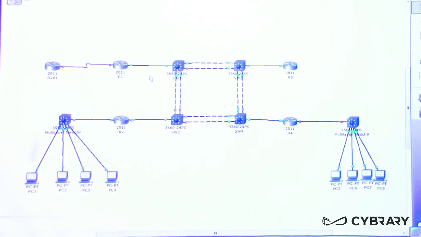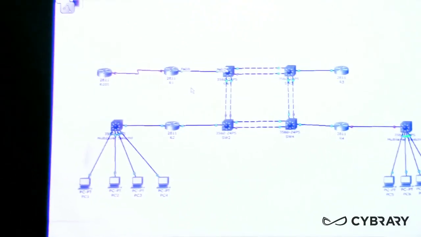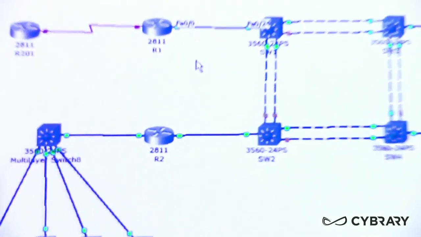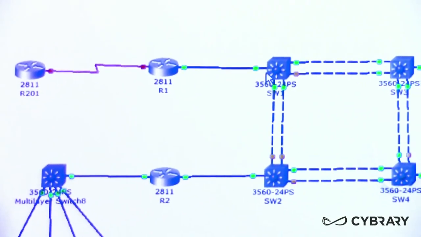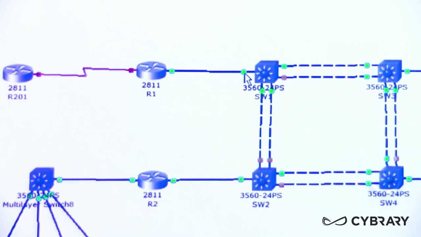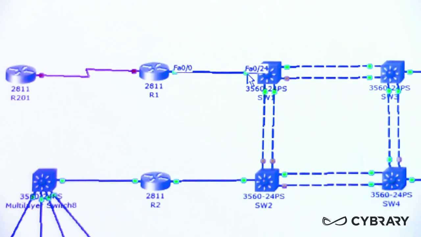Now, if I hover my mouse over this link, router 1's port fast Ethernet 0/0 is connected to switch 1's fast Ethernet 0/24, or in effect, port 24.